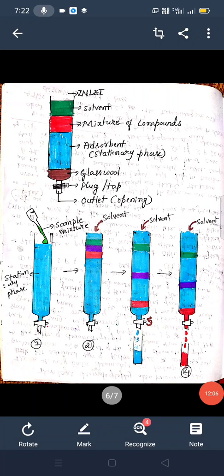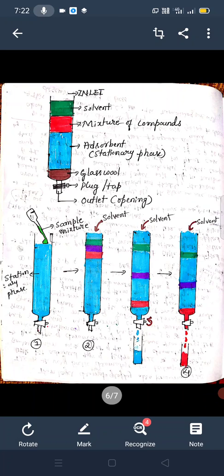In this picture, you can observe a glass column with the outlet at the bottom of the column and inlet at the top of the column, and at the bottom of the column we can observe a plug or tap.